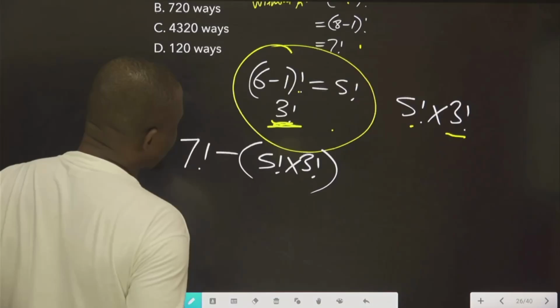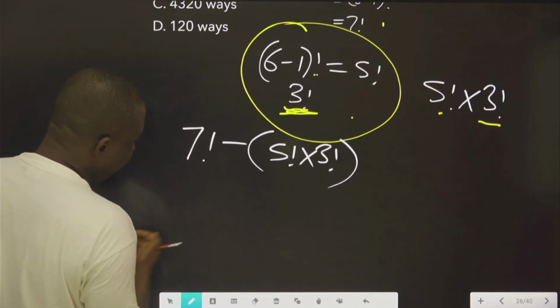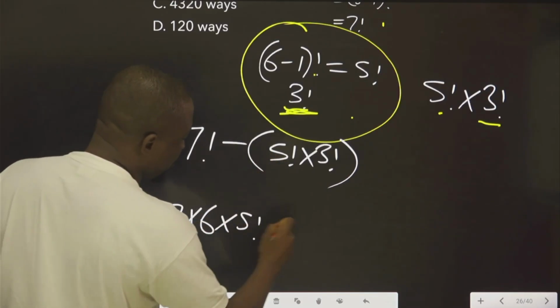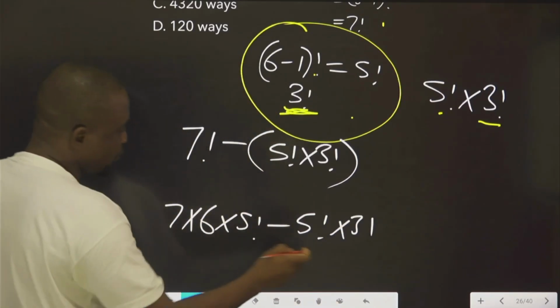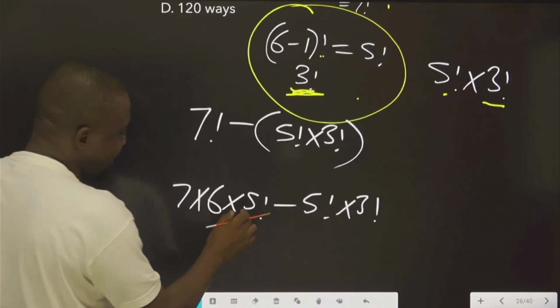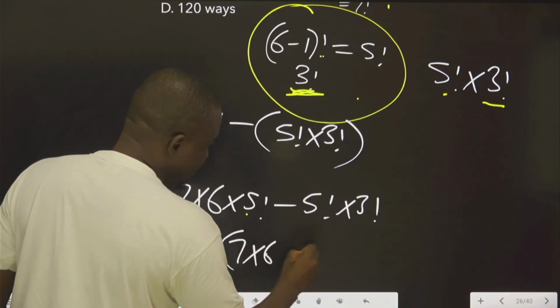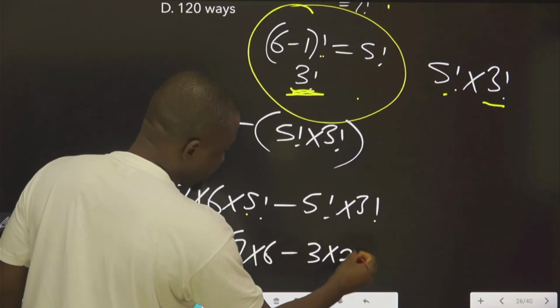Okay? So now, 7 factorial also means 7 times 6 times 5 factorial. I stop because I see 5 factorial here and 5 factorial there. Then I take 5 factorial out. Can I say 7 times 6 minus 3 factorial, which is 3 times 2.